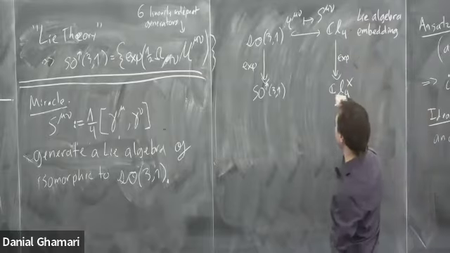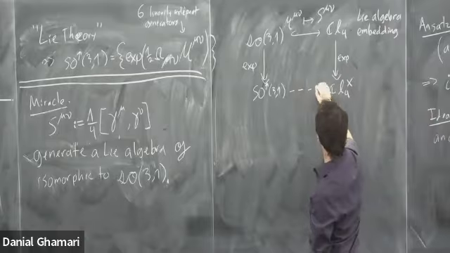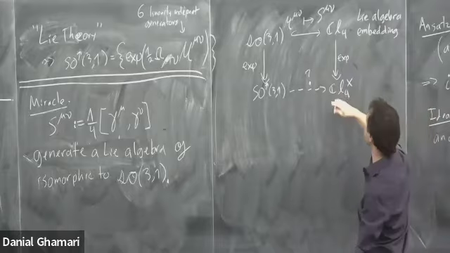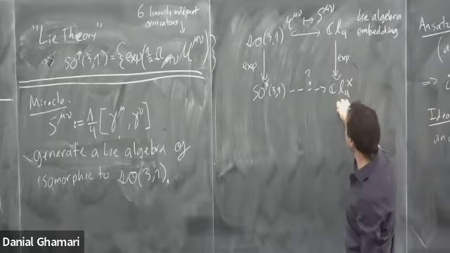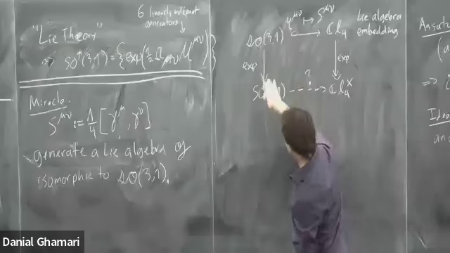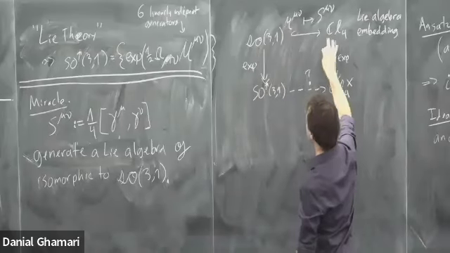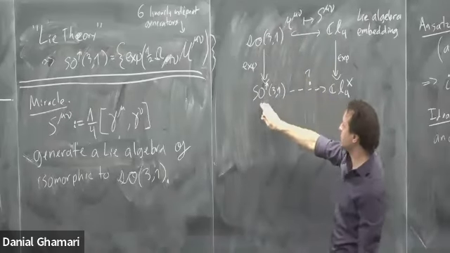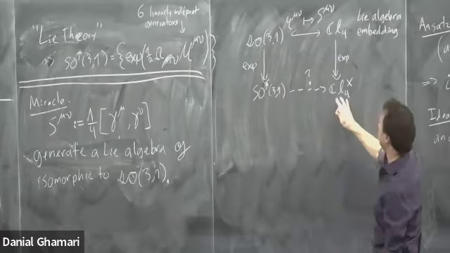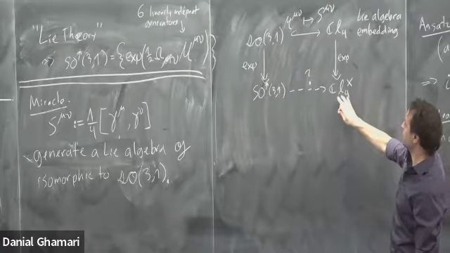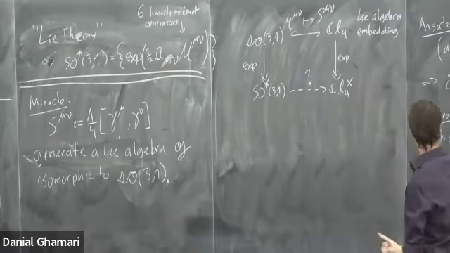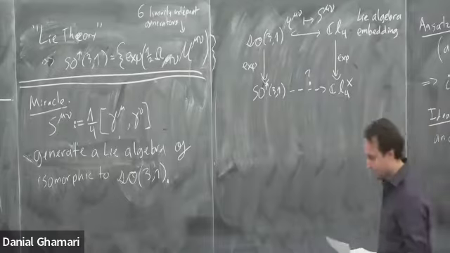This is the group that's acting on our spinors, and this is the Lie algebra acting on our spinors. We have this Lie algebra representation of the Lie algebra of our Lorentz group, and we want to say, well, is there an actual genuine representation of the Lorentz group on these spinors through the group of units in the Clifford algebra? And the answer turns out to be no.